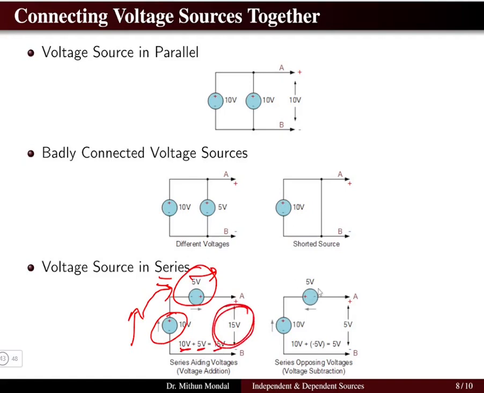Whereas if the sources of 10 volt and 5 volt are opposing each other, then we will have 5 volt at the output. So it is basically voltage subtraction. Now, two special points to be noted: in parallel connection we should have equal voltage magnitude, and in series connection we can have either additive or subtractive, and it can be of different sources.